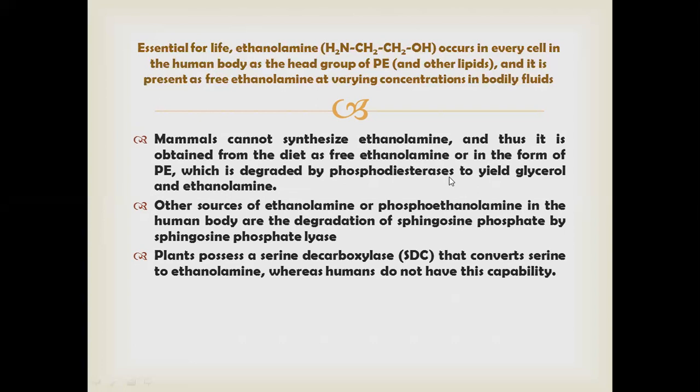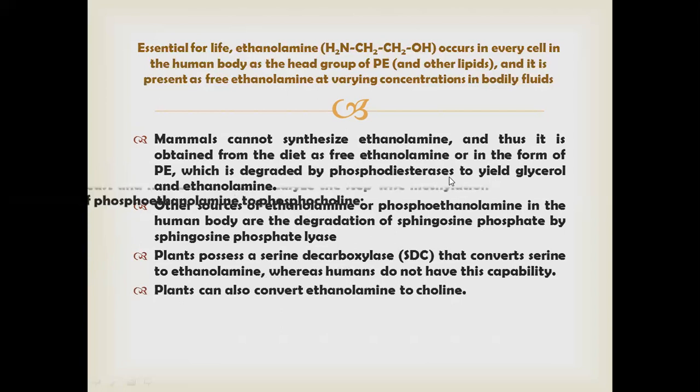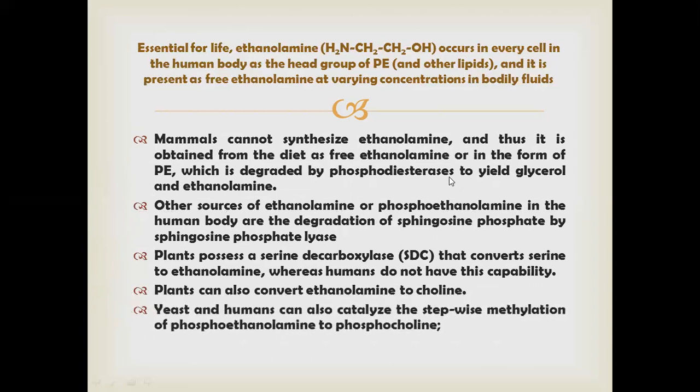This enzyme converts serine into ethanolamine. So the plants can synthesize this. Plants can also convert ethanolamine to choline. Yeast and human can also catalyze the stepwise methylation of phosphoethanolamine to phosphocholine.